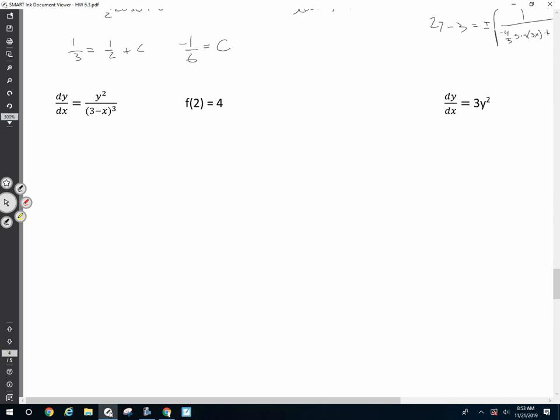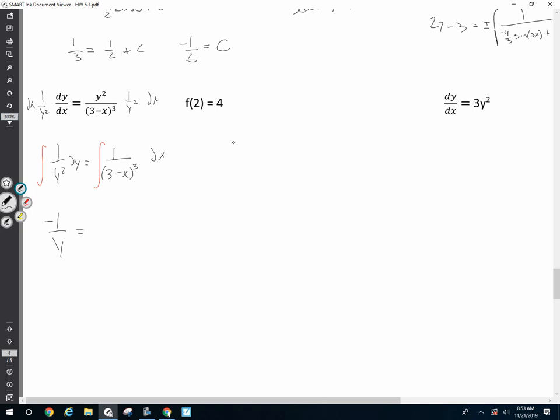Okay, similar deal here. Get the y's over, leave the x's. 1 over y squared dy equals 1 over (3 minus x) cubed dx. If I take the antiderivative of both sides, we have talked about how this is negative 1 over y.